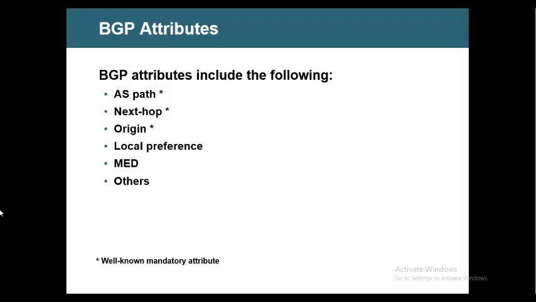Let's say there is one router in Chicago and another router in Melbourne. The router in Chicago will clearly tell you how this network originated.